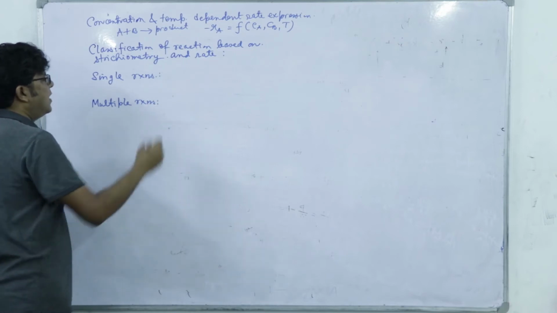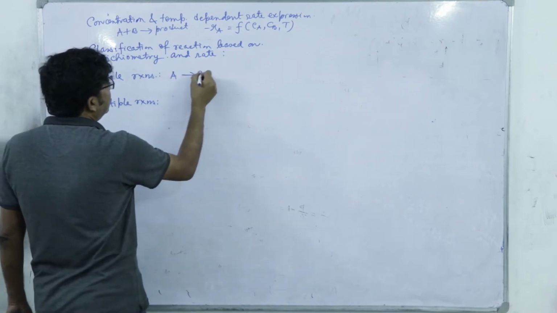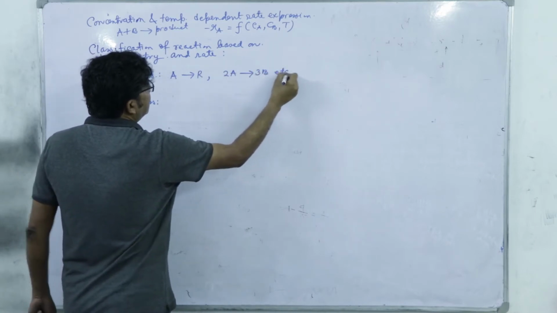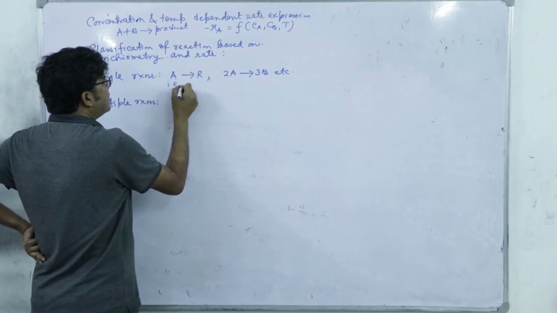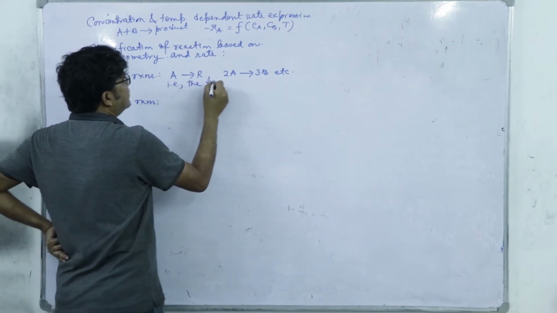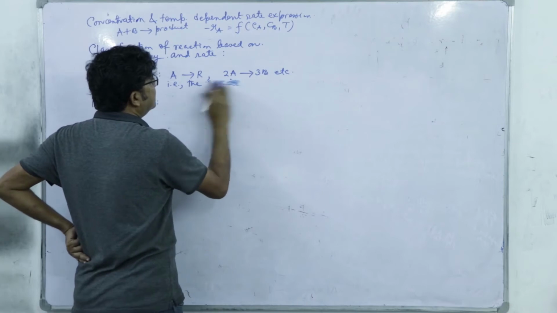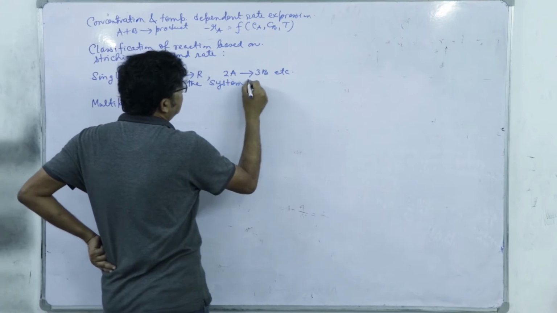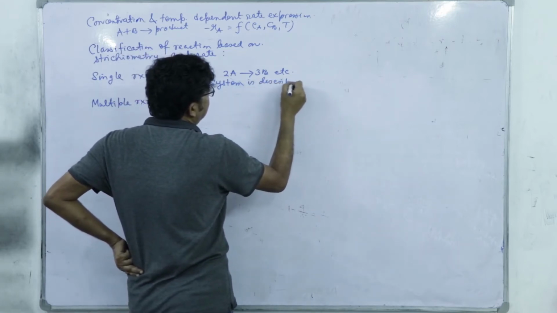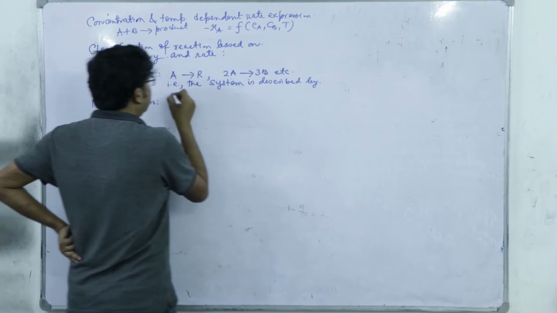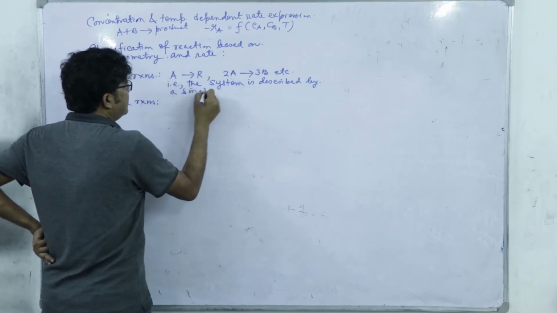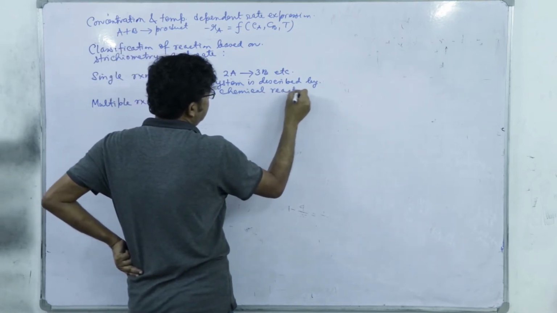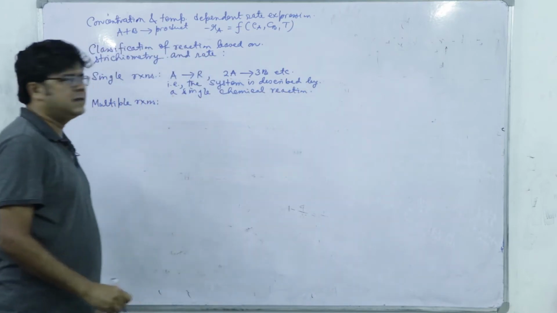So, you see single reaction is A giving R, right, 2A giving 3B, etc. That is, the system is described by a single chemical reaction. So, that is a single reacting system.